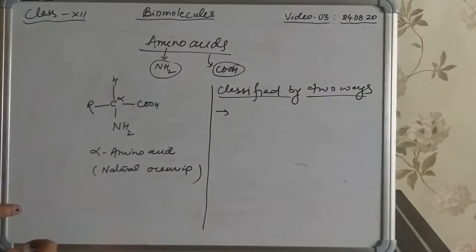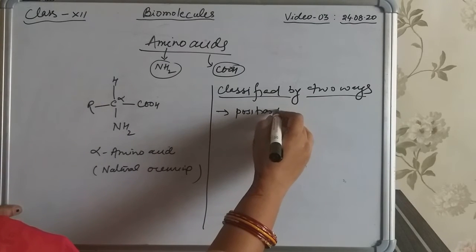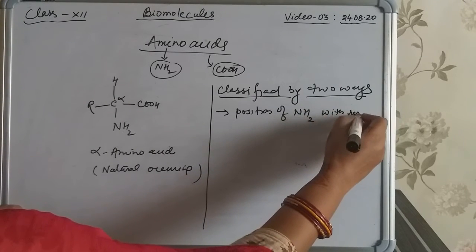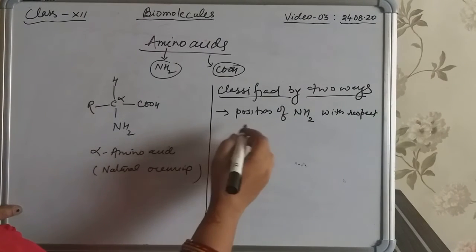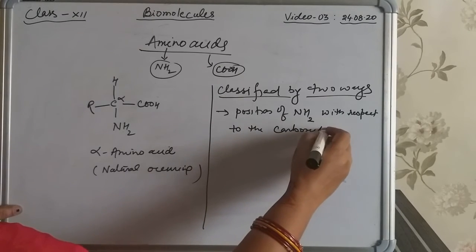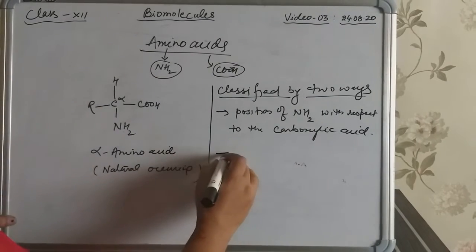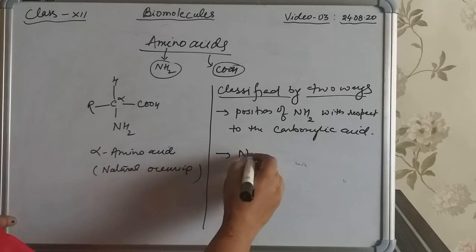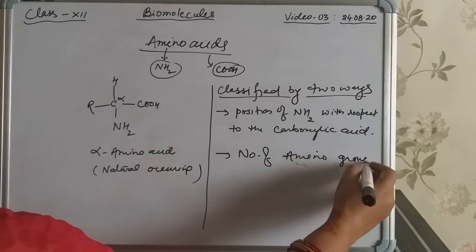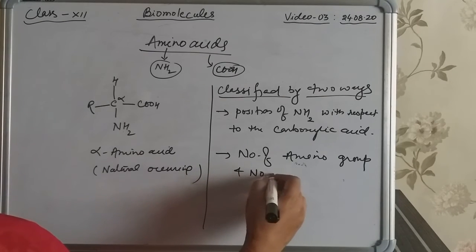First, the position of the amine with respect to the carboxylic acid group. The next way is the number of amino groups and the number of carboxyl groups.